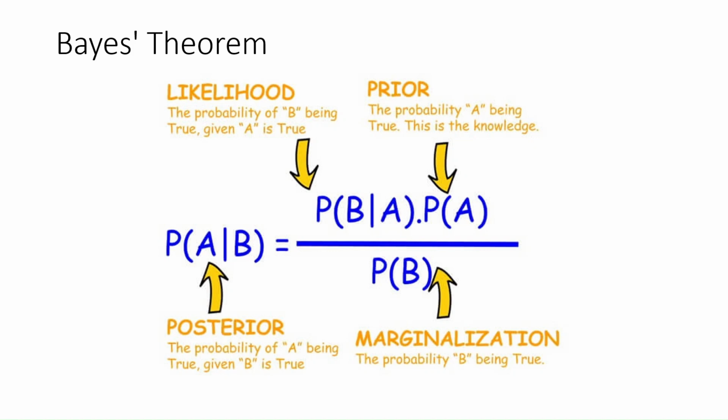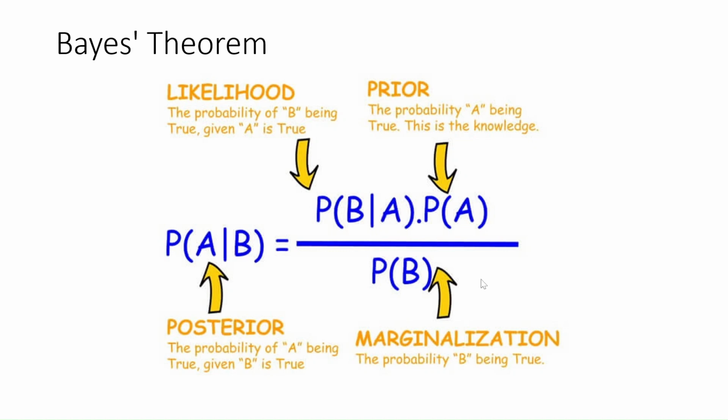It is the total probability of seeing the new data under all possible scenarios of A. It helps normalize our calculations so that the updated belief, that is this posterior, is a proper probability distribution, and it has an area under the curve which is equal to 1. So you can see this denominator as a scaling factor for this numerator, and I'll talk more about it in the later slides.